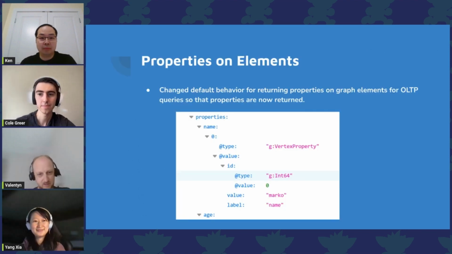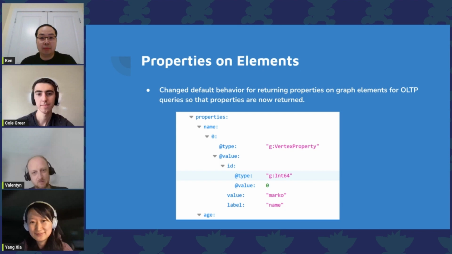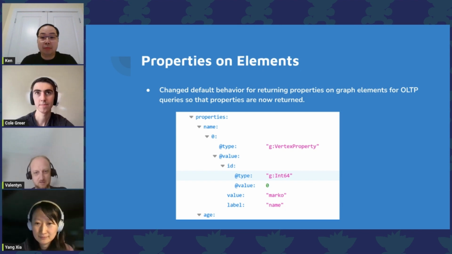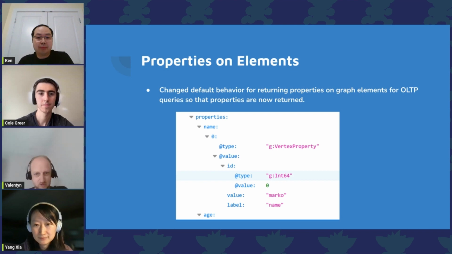Historically, vertices and edges worked differently for embedded and remote graph. For example, for local g.V(1), you will get an element with properties, but for remote graph before 3.7, you will get only ID and label.